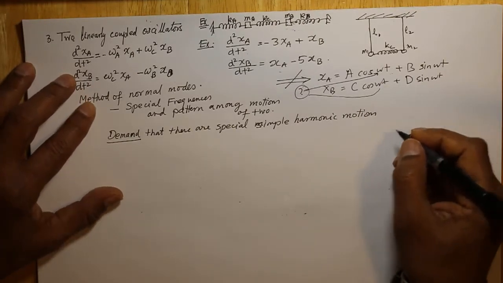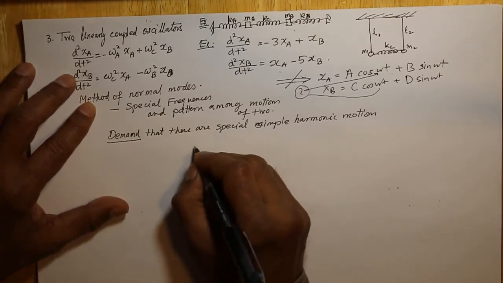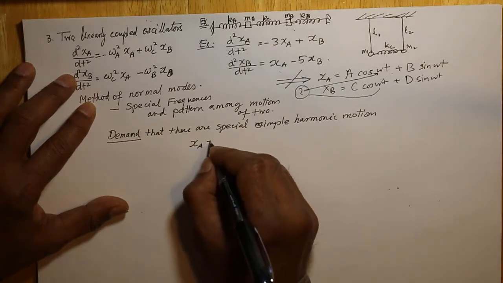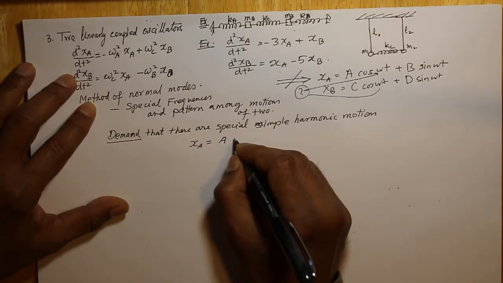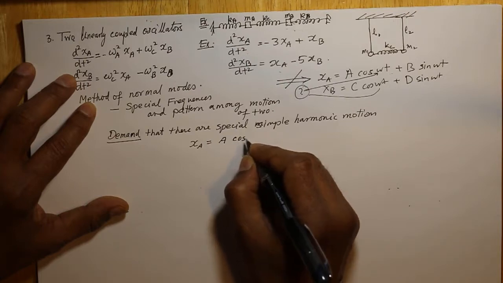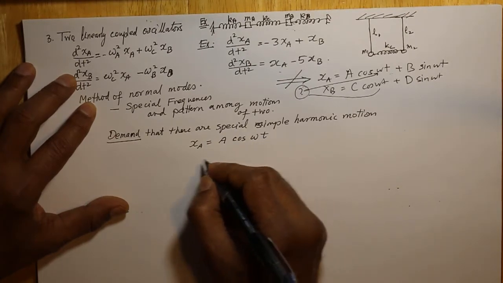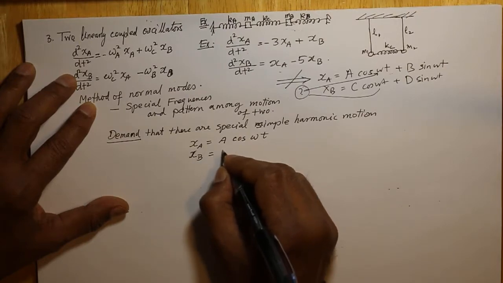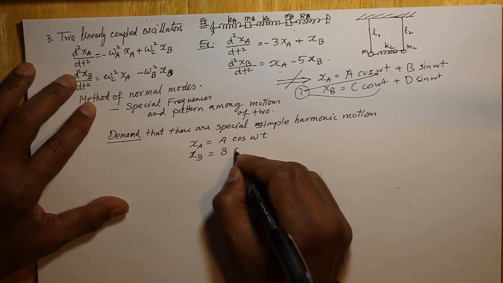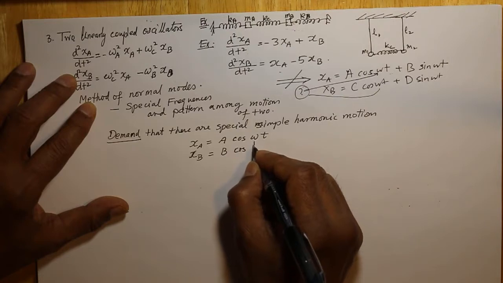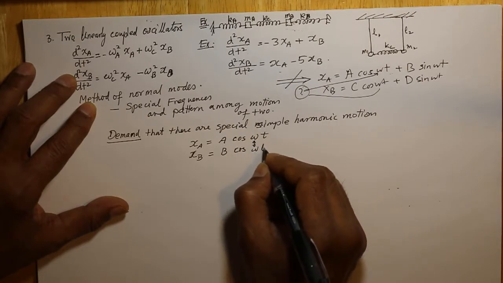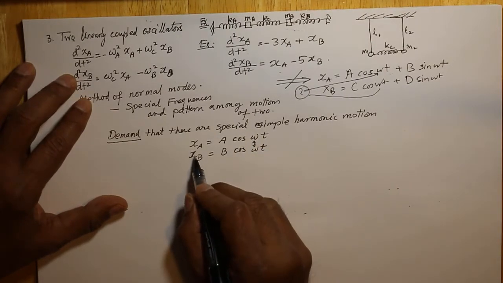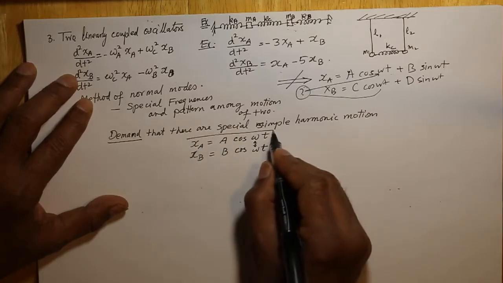Which means we say xA is going to go with some amplitude A cosine omega t, and xB would go with some B cosine, and we demand that this be the same omega.